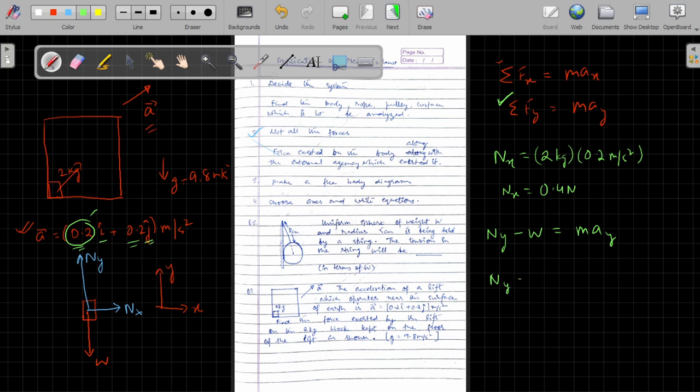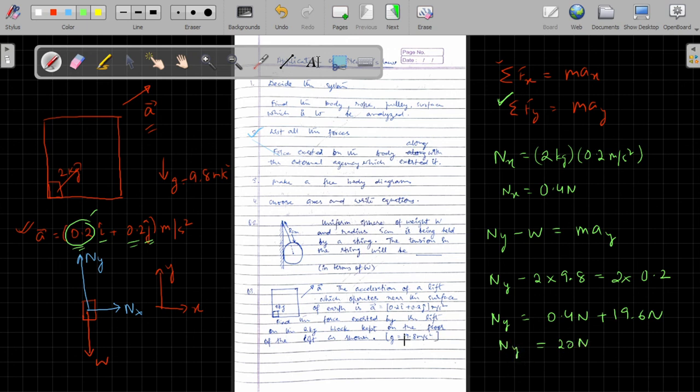The weight of the block we can write as 2 into 9.8 meter per second square, and 2 into the acceleration in y direction, which is 0.2. So that would give us the normal reaction in y direction as 0.4 newtons plus 19.6 newtons. So that would be a total of 20 newtons.